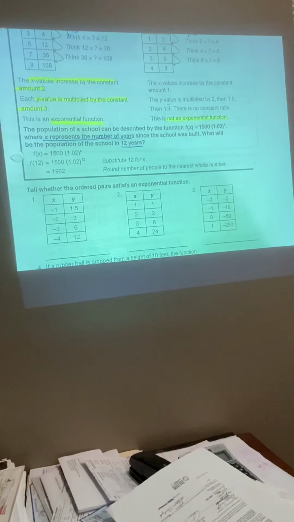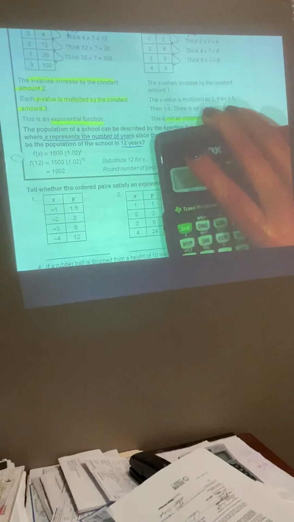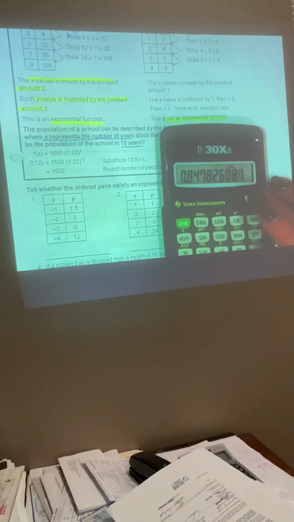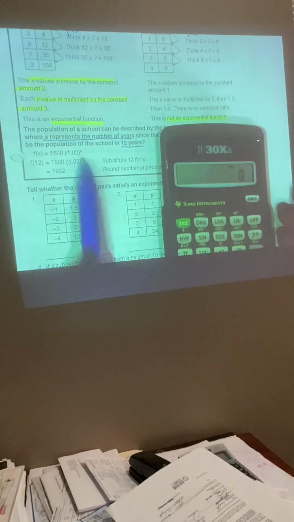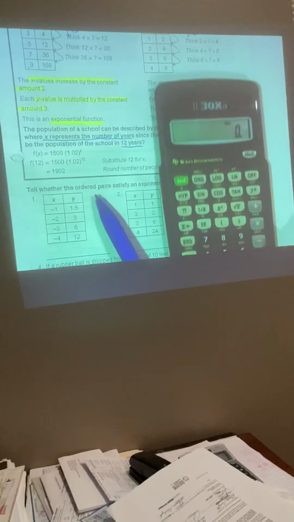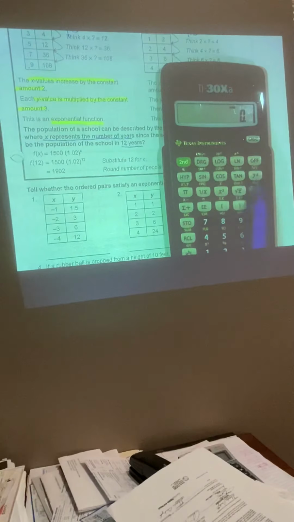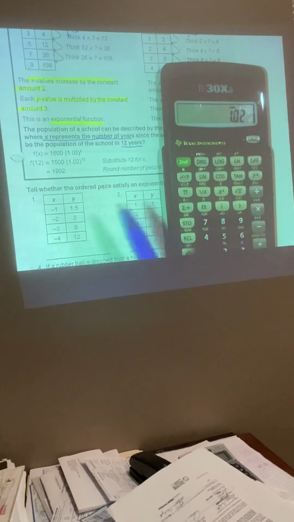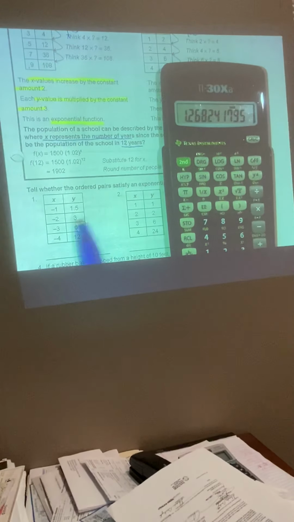So let's take our handy-dandy calculator and plug in 12 for x. Remember, we have to use our y to the x button. So 1.02 y to the x, 12 equals, times 1500 equals.